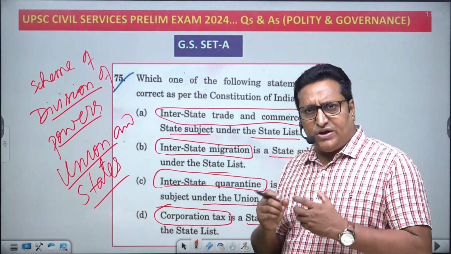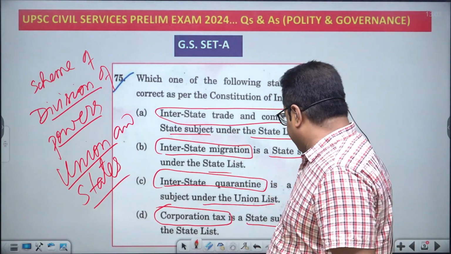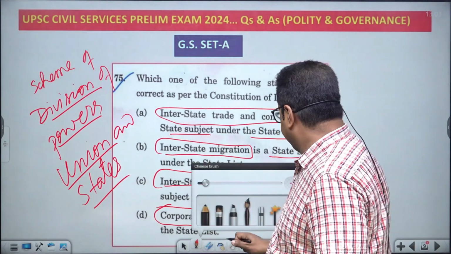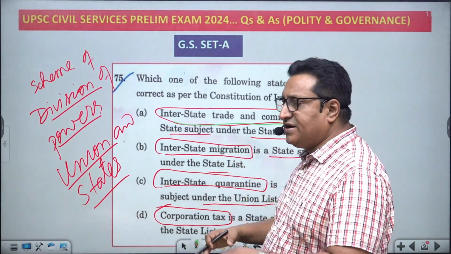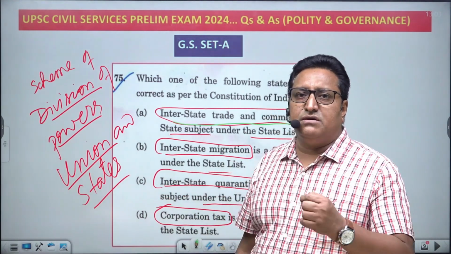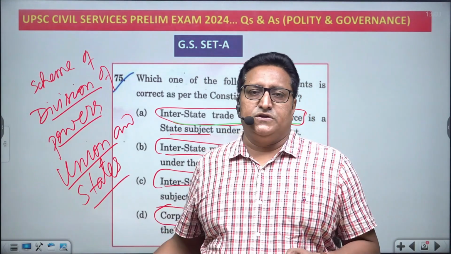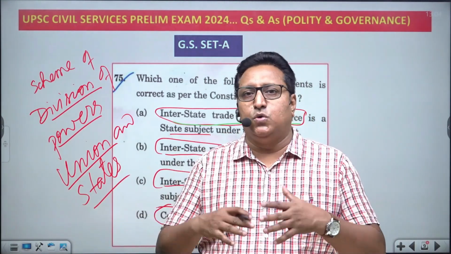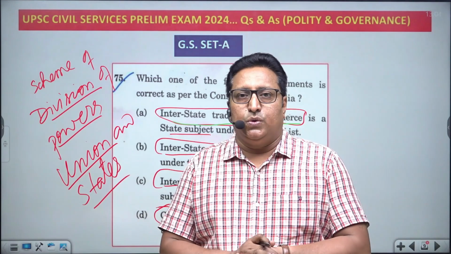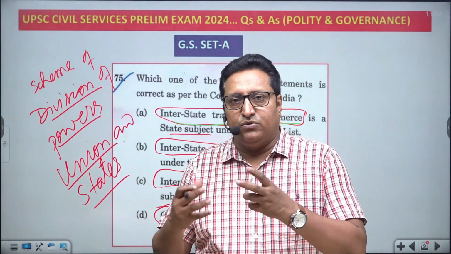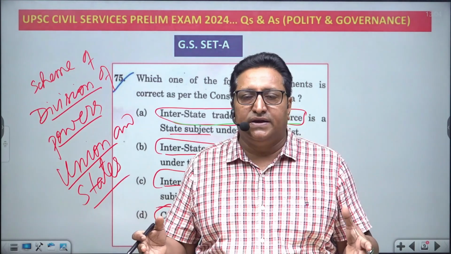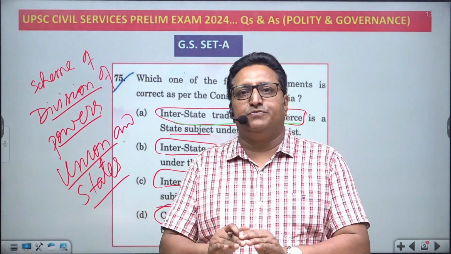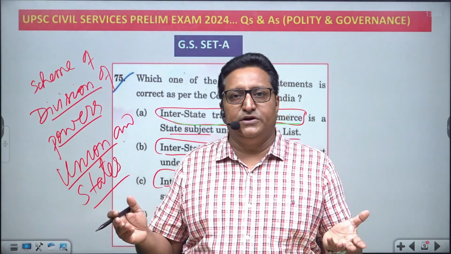Now, the trick is that interstate trade and commerce or interstate anything, that must come under the union list because it's a matter between 2 or more states. So it cannot be in the state list. A particular state cannot unilaterally make laws on such matters, and therefore such matters must be with the union government, union list.